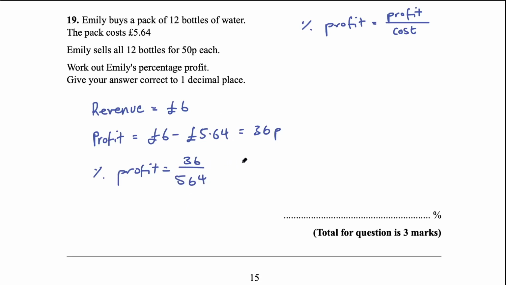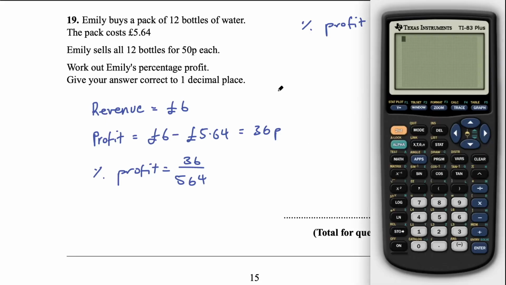And for this one, I think we're going to use our calculators. As I said at the start, this is essentially a calculator paper, so please use your calculators where appropriate. So to get the percentage, we do 36 divided by 564 and then multiply that by 100.